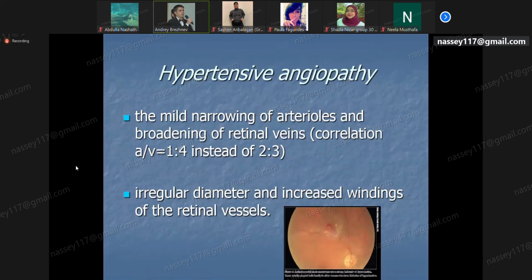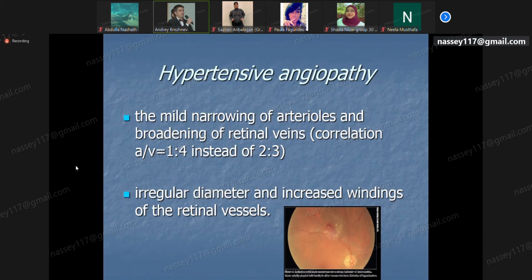Angiopathy means damage of only blood vessels, in the form of mild narrowing of arterioles and broadening of retinal veins. The ratio of arteries to veins is 1 to 4 instead of 2 to 3. I mean, of course, the diameter of the vessels.